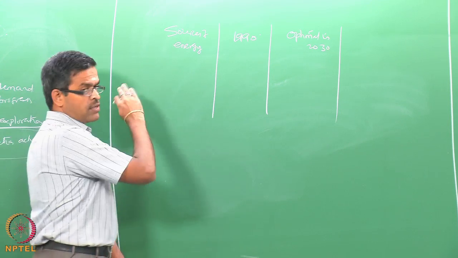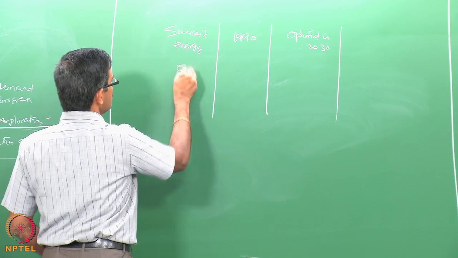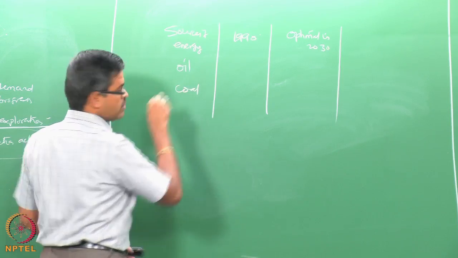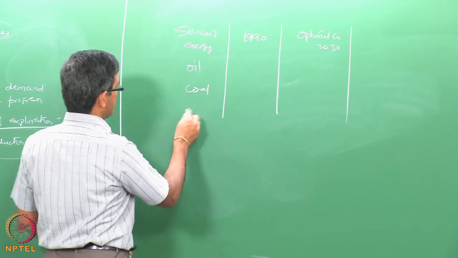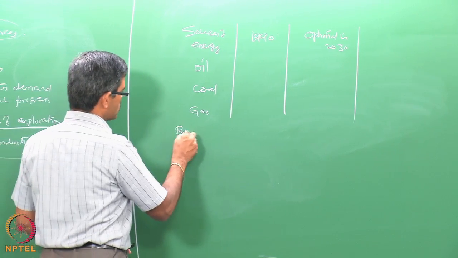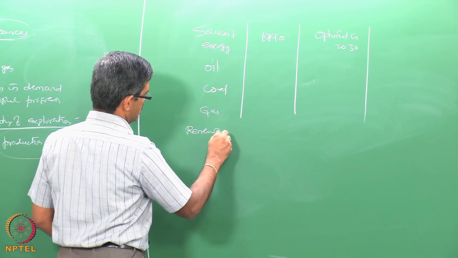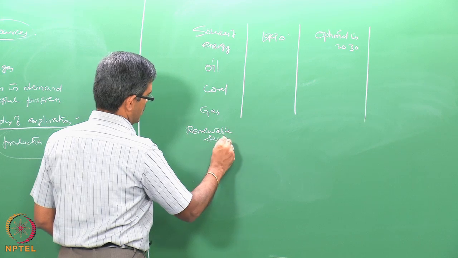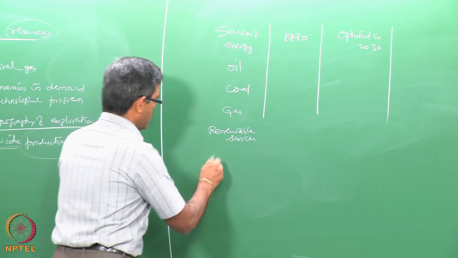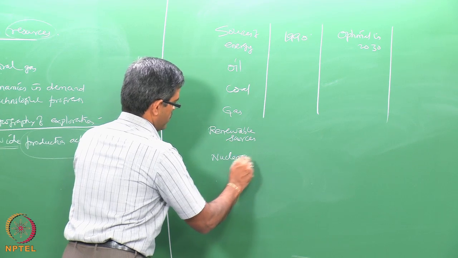So, the essential source of energy could come from oil, it could come from coal, it could come from natural gas, it can also come from renewable sources, wave energy, wind energy, etc. It can also of course come from nuclear power.